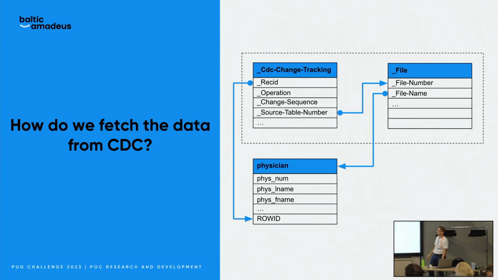So in CDC change tracking, we are storing the source table number, which we can use to get the table name from this underscore file table. And this is one of the tables which is being used by the application. And by doing this, we can actually get the right records each time, and fetch them from the CDC, so we can write them to the target database.